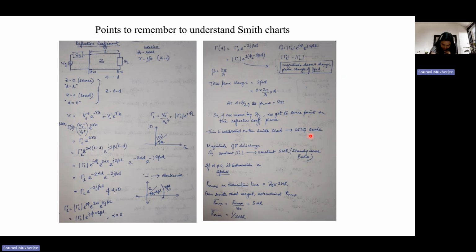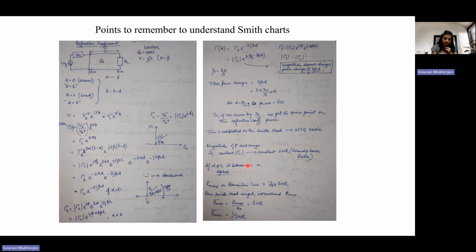So both of them are present in a typical Smith chart. Okay, so the magnitude of gamma doesn't change. That means if you point to an impedance on the Smith chart and then draw a circle, that would correspond to a certain value of impedance, and that would be associated with a certain constant reflection coefficient.